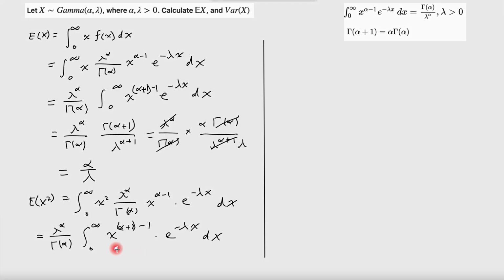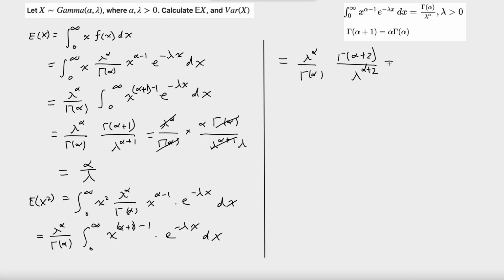Again, we're going to calculate this piece using the first property we showed here. Now alpha here would be alpha plus 2. So we're going to apply the formula here. This is equal to lambda to the alpha divided by gamma alpha, times gamma alpha plus 2 divided by lambda to the alpha plus 2.